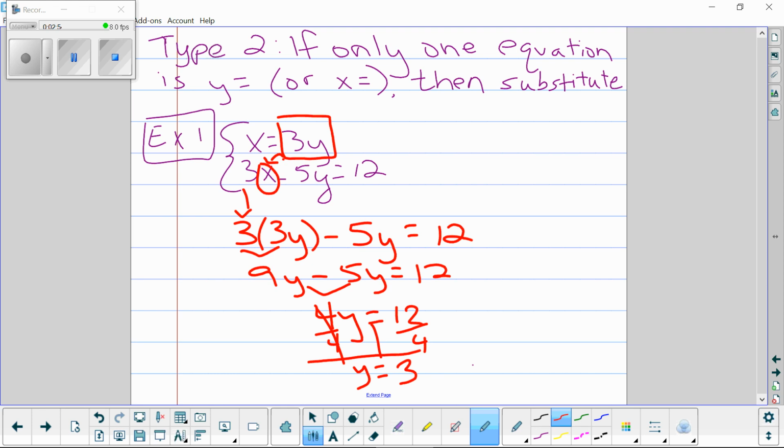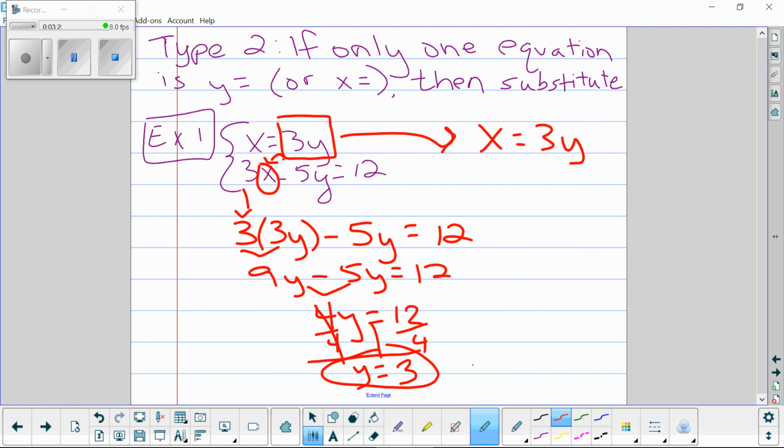So now, once again, we don't just write the answer y equals 3. Now we have to continue to solve this system, and we have to figure out what x is. So now that we know that y equals 3, now we use that to figure out x. So I could take the first equation. Obviously, that one looks a whole lot easier. So I'm going to take this, it was x equals 3y.